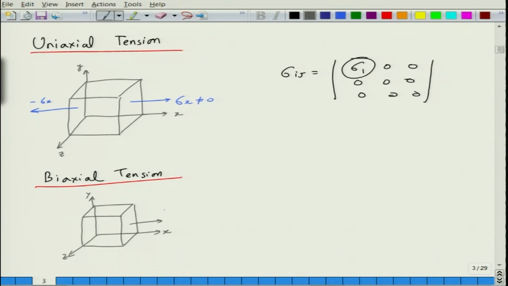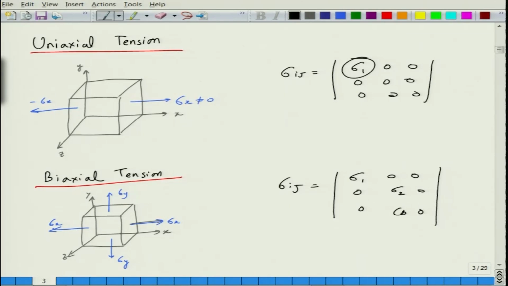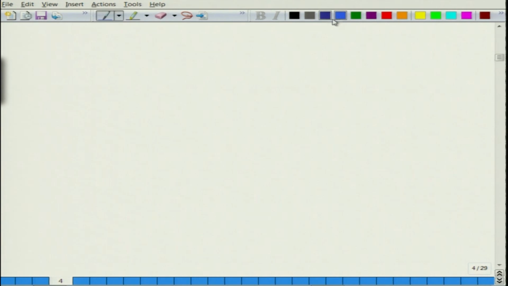So, you have sigma x, sigma x, sigma y, sigma y, sigma z is equal to 0. So, in terms of principal stresses you can write this as sigma ij is equal to sigma 1 0 0, 0 sigma 2 0 0 0.